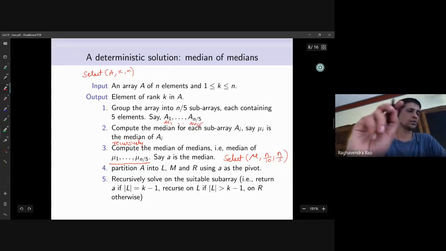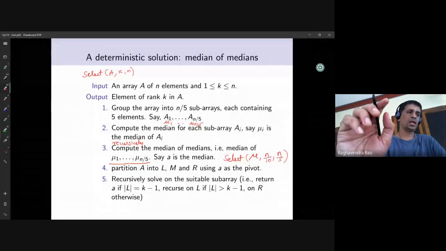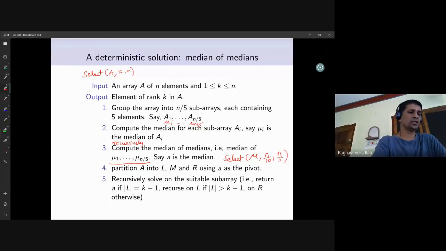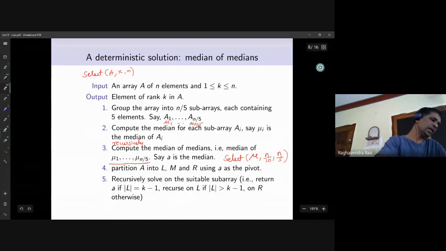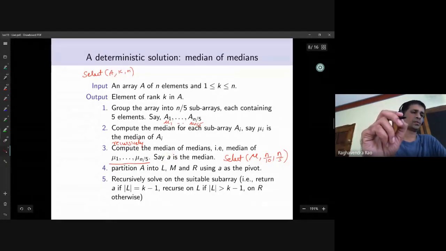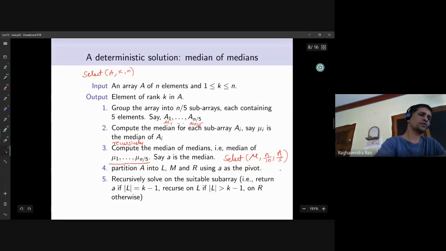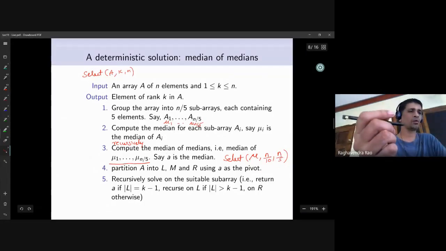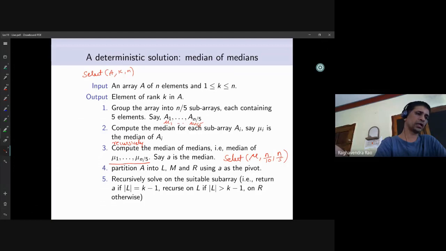Assuming the recursive call returns some value, let's say a is the value returned. It's legitimate because the size of the array is much smaller than n now, so we can apply the induction hypothesis for correctness.